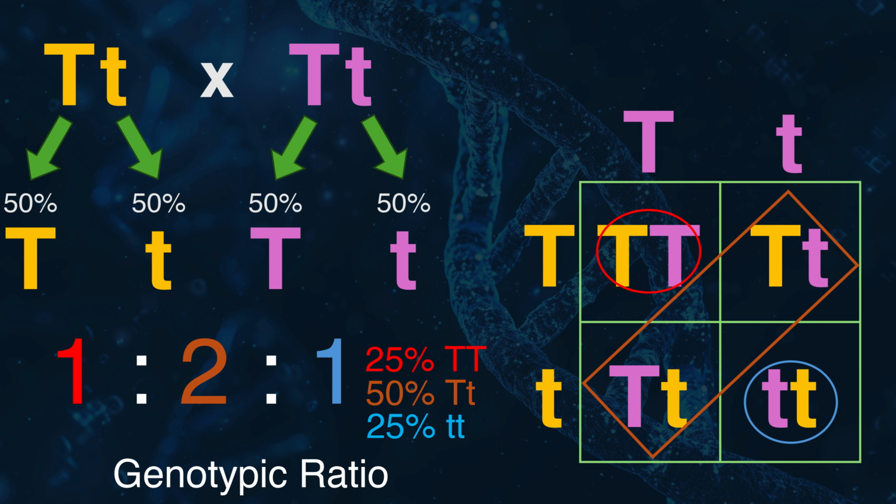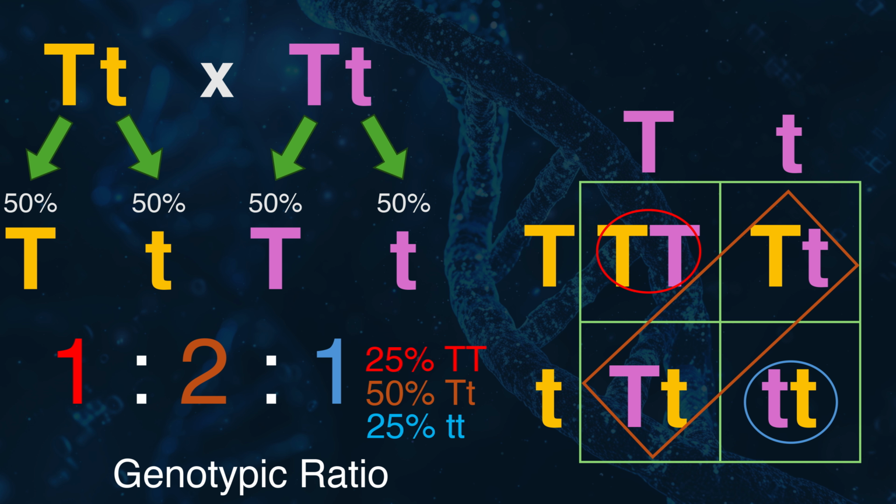On the other hand, any lowercase letter allele is used to indicate that the allele is recessive, which means its expression will be fully covered up and invisible in the phenotype if any dominant allele is also present. So recessive alleles will only show their physical phenotypic expression in individuals who have homozygous recessive genotypes.